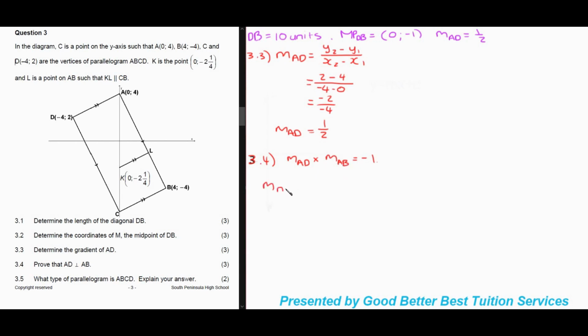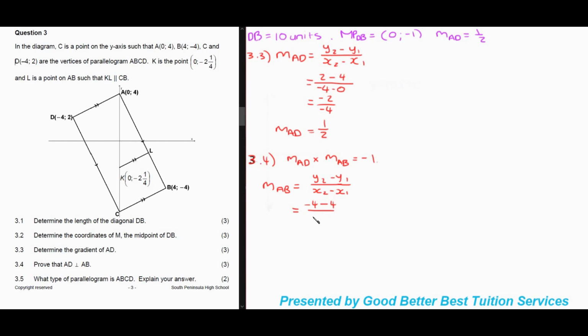So we're going to say gradient of AB is equal to y2 minus y1. Remember, it's always important to write out a formula, and that's over x2 minus x1. Now we'll substitute in. We're going to use A as 1 and B as 2. So our y2 in this case is minus 4 minus our y1, which is 4.